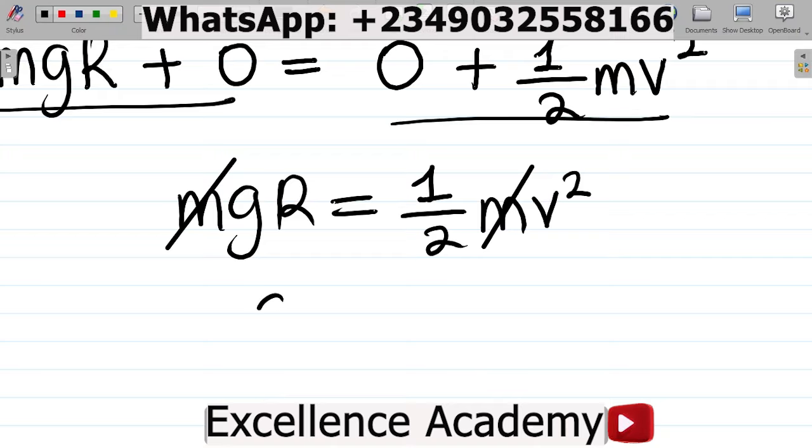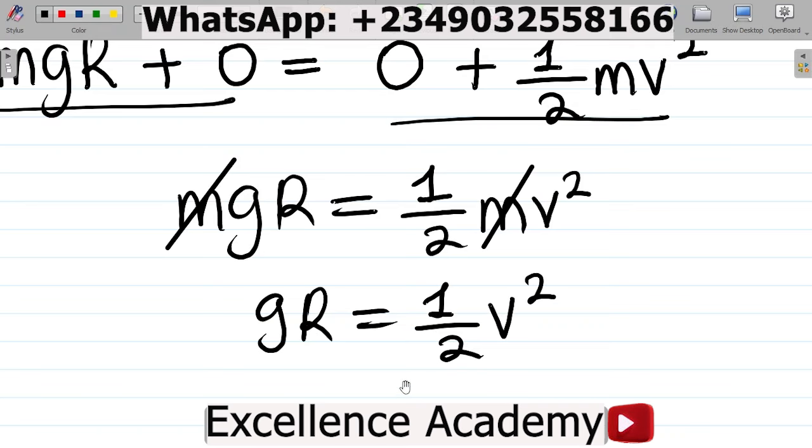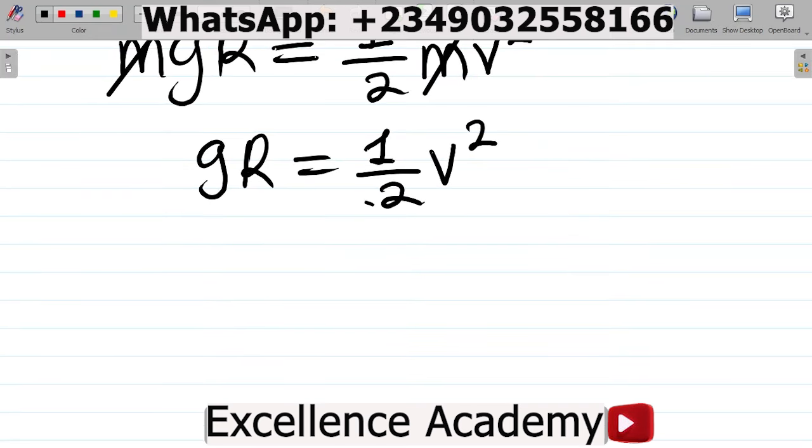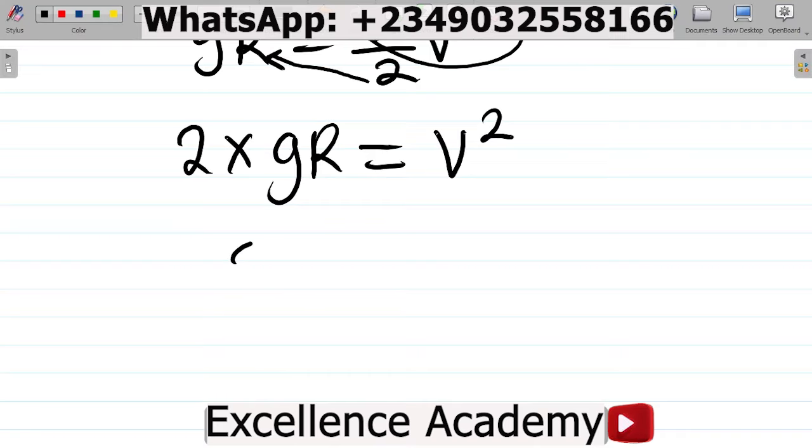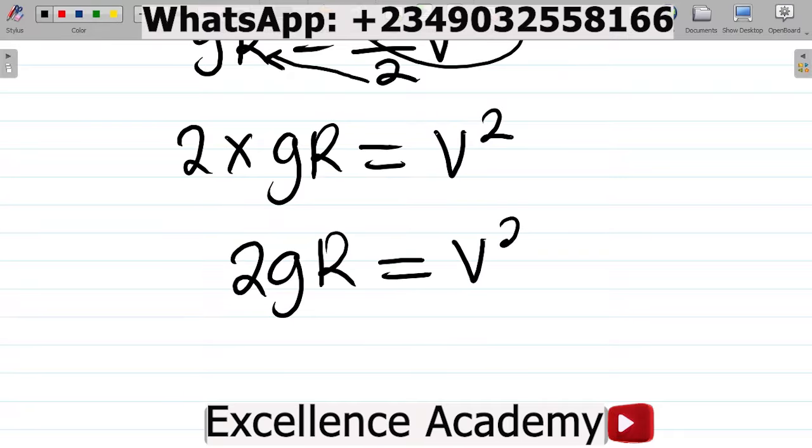We're left with gr is equal to half v squared. We want to move 2 over here, just move 2 over here. So it becomes 2 times gr is equal to 1 times v squared. 1 times v squared is v squared. Work on this. 2 times gr is 2gr is equal to v squared.